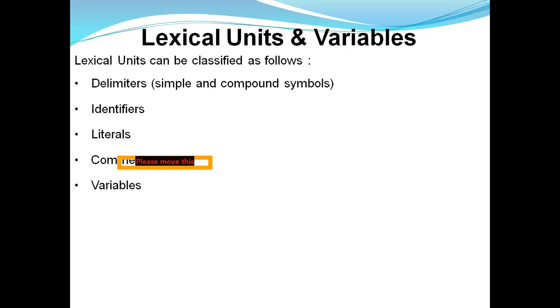Equal to is one symbol, a single character. That is simple. But sometimes we use colon equal to as an assignment operator. That is a combination of two characters, so it is called a compound symbol. Very simple. Then we have identifiers.